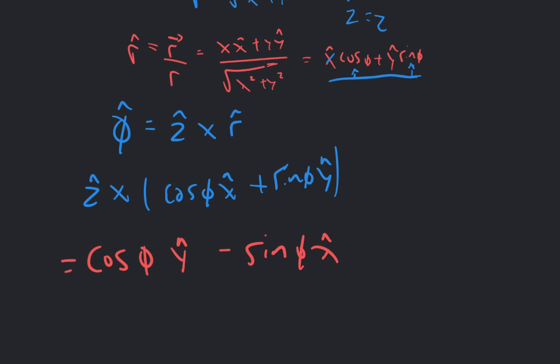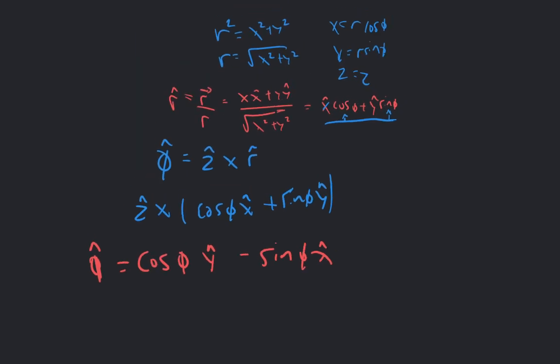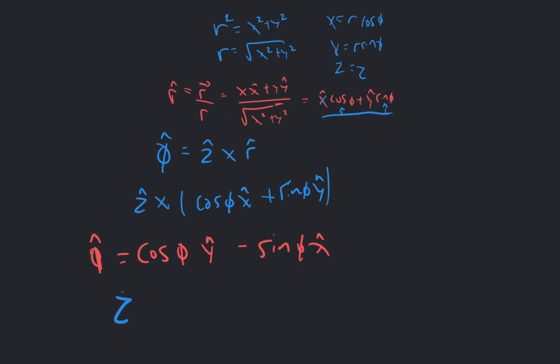And this is what our phi unit is, or phi hat, I should say. And then z unit is obviously just going to be z unit. So phi hat here is obviously not constant either. It is changing based on the angle of where it is.